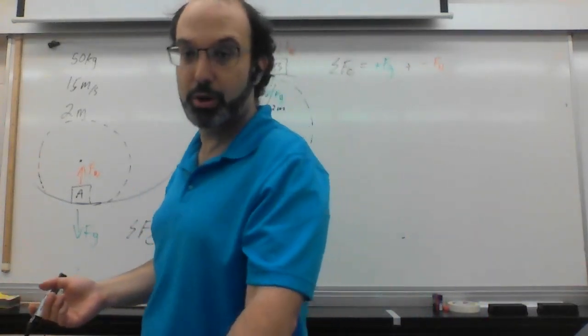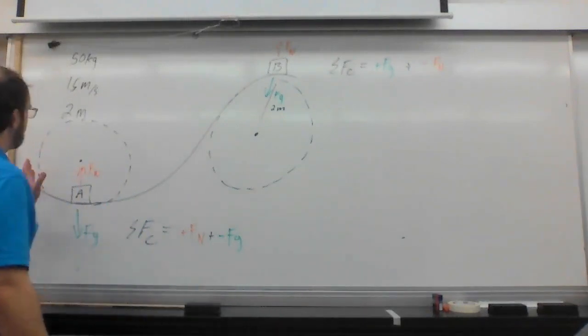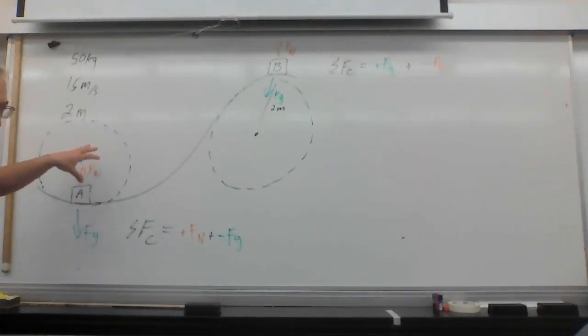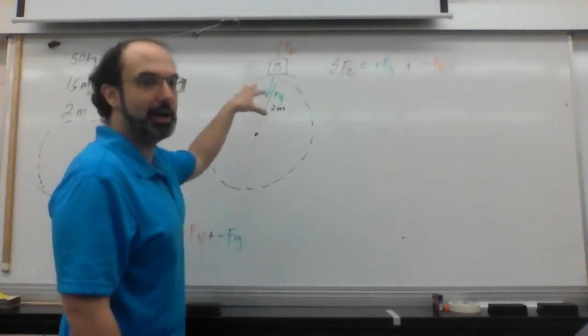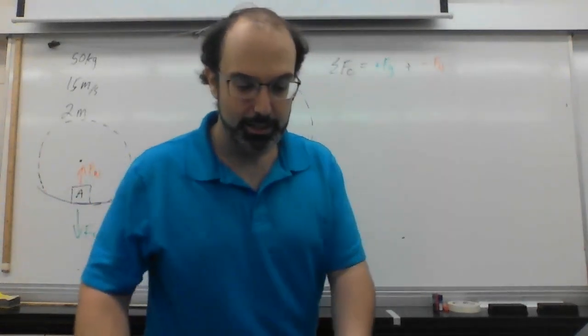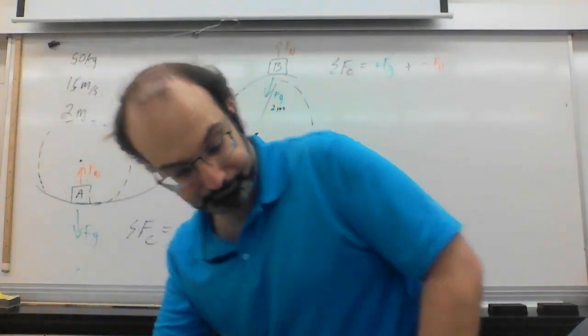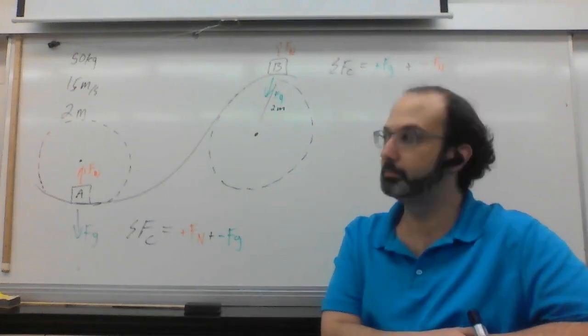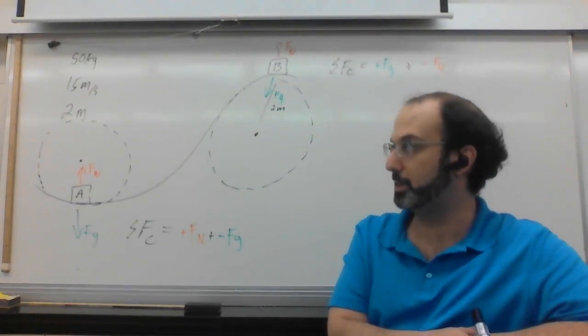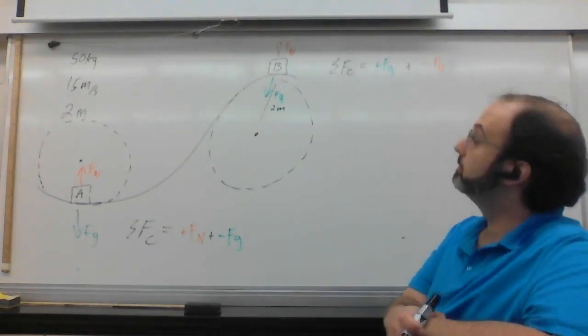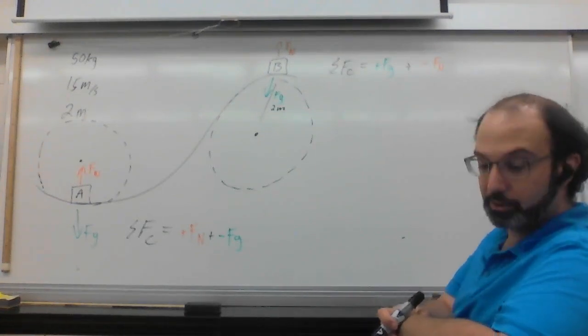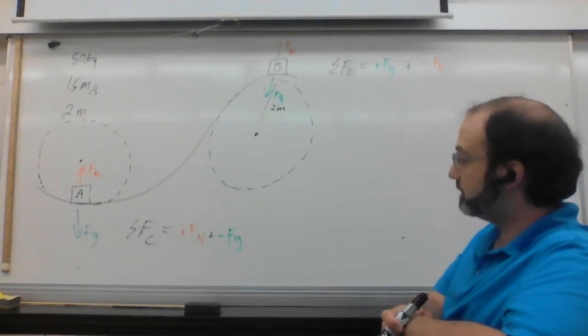Now, of course, the reason that works is because this particular circle, we're on the inside of the circle, whereas this particular circle, we're on the outside of the circle. Okay. What is Fn going to be? Fn, we have to find here by calculating our values. So let's take a look here.